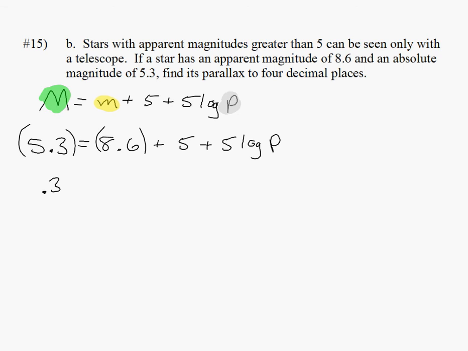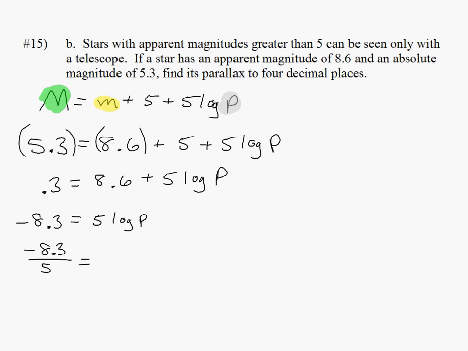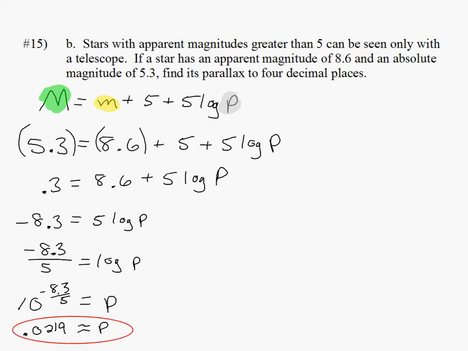If you were to subtract 5 from both sides, you get 0.3 equals 8.6 plus 5 log of P. If you subtract 8.6 from both sides, divide both sides by 5, anti-log both sides, which means 10 to the exponent. Put that in your calculator, you get 0.0219.